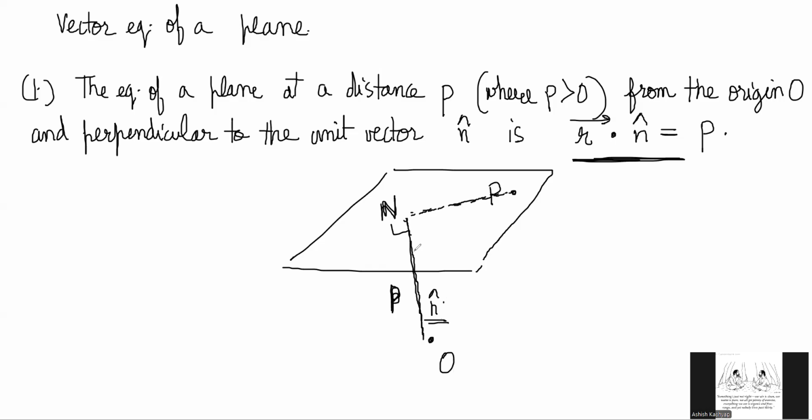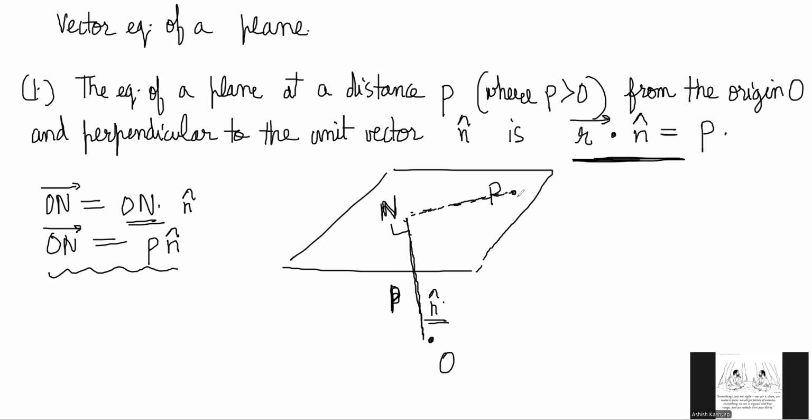So if ON is along the n cap direction, I can write the vector ON as its length times n cap, and the distance is p, so it is p n cap. The vector ON is p n cap, and P is a variable point on the plane whose position vector is r.